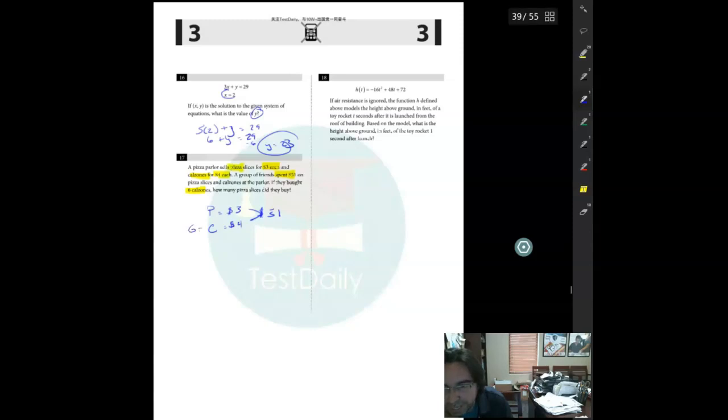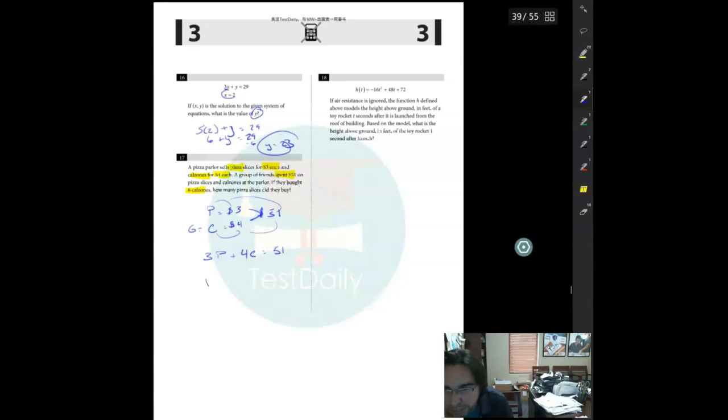So here we can write the equations. Let's see here. We do not know how many in total they bought. That's not given to us. So if we write 3 times P plus 4 times C equals 51, we do know that because you see the relationship and how these two tie to this.